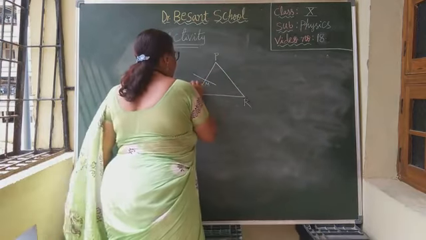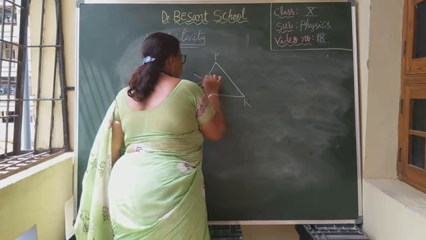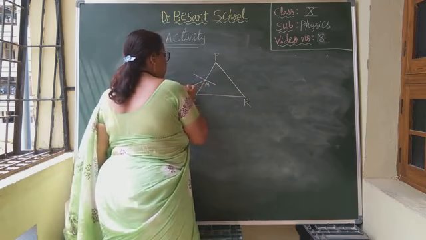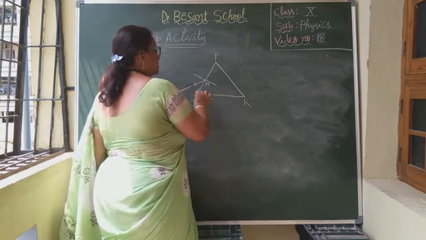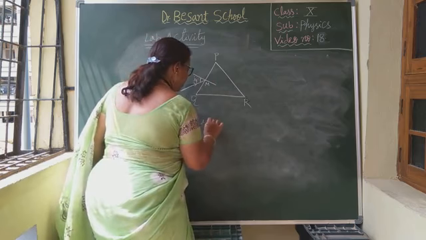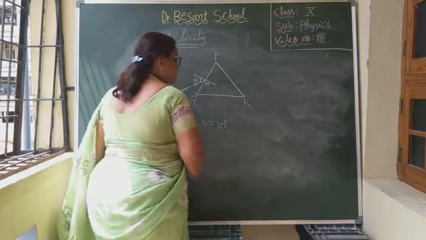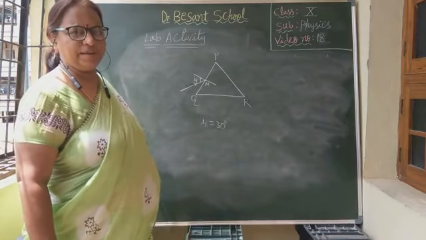Make an angle of 30 degrees, which is the angle of incidence I1. So we have taken I1 equal to 30 degrees, measured with the protractor.